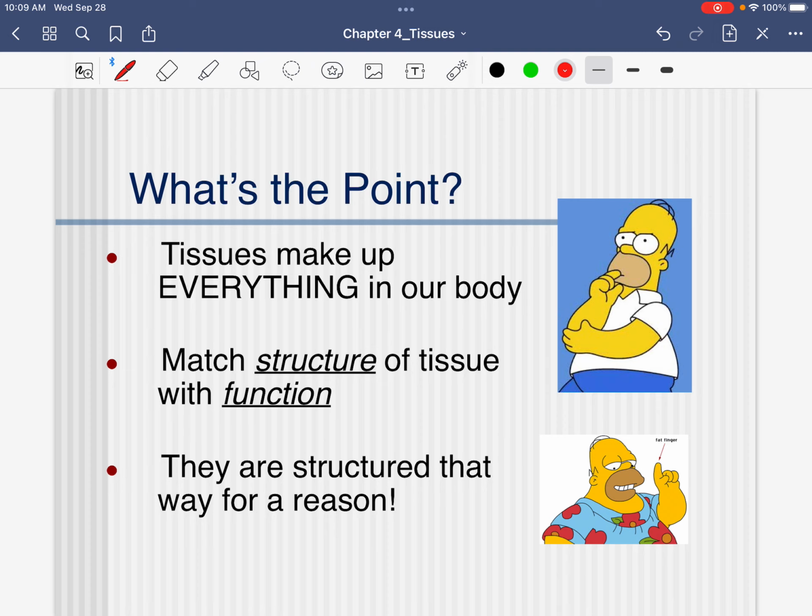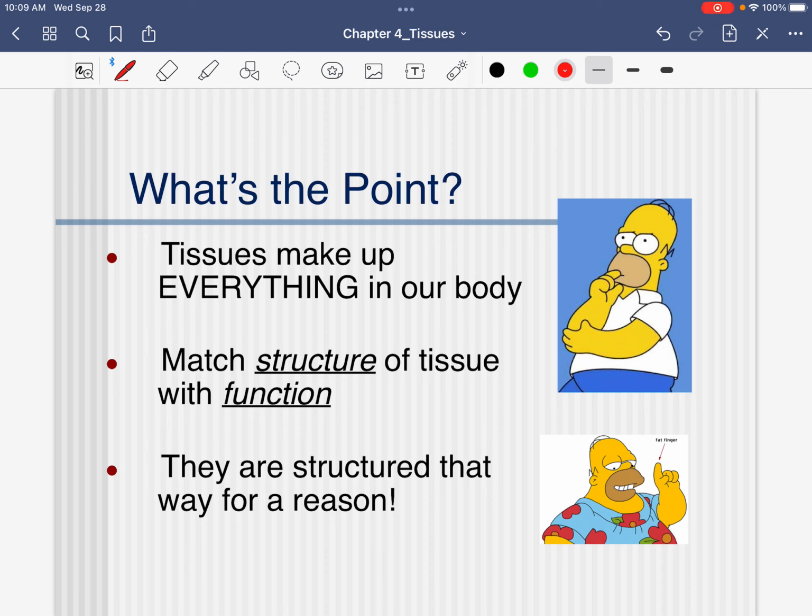With each body system, we're going to be talking about the characteristics of the tissue that makes it up, because that tissue is specialized to function in that system. So I know it might seem kind of boring, but we're doing this because the tissues make up everything. And we're going to be coming back to this in each body system.